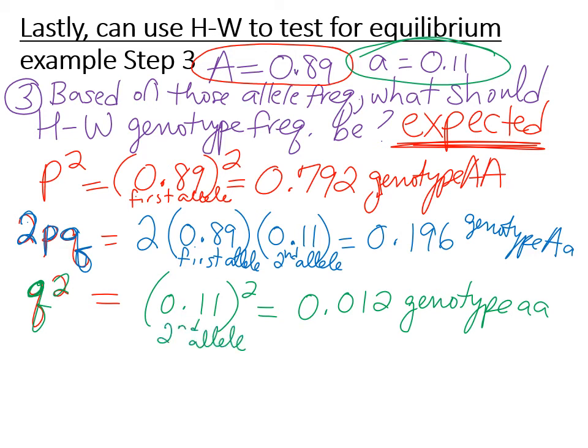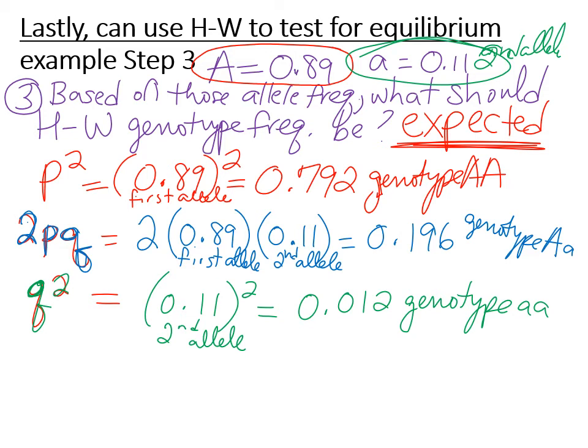The reason why sometimes I write that out, and I'll even write up here lowercase a, that is what we mean by second allele. The reason why I write that out sometimes is a lot of times students will jot down notes in class and then they go back to read them and they're like, wait, what's this 0.11 from? What's this 0.89? What am I doing? What was I even in that class? Okay, so writing things like that out for yourself helps you then remember later on why you did it, okay?